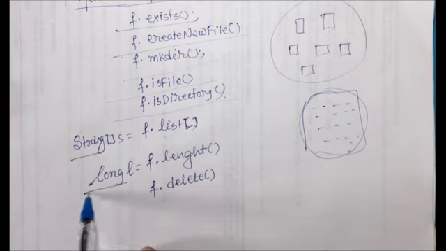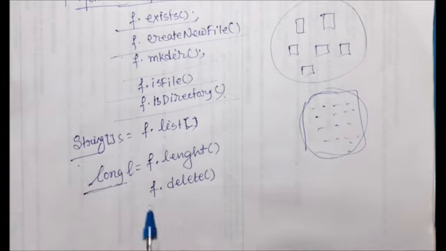These two things we have to remember, and the delete function is boolean. So for all the methods associated with the File class, except list and length, the return type is boolean. There are many methods available, but these are the frequently used ones, and their return type is boolean, okay, and only list and length are not boolean.